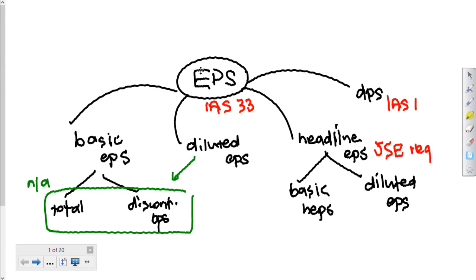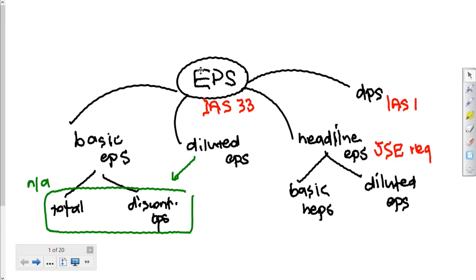IAS 33 says you must disclose basic and diluted for total and for discontinued, and you are allowed to show alternative earnings per share numbers if you want. And so in South Africa, we disclose headline earnings per share. It's a number that is required for listed companies.